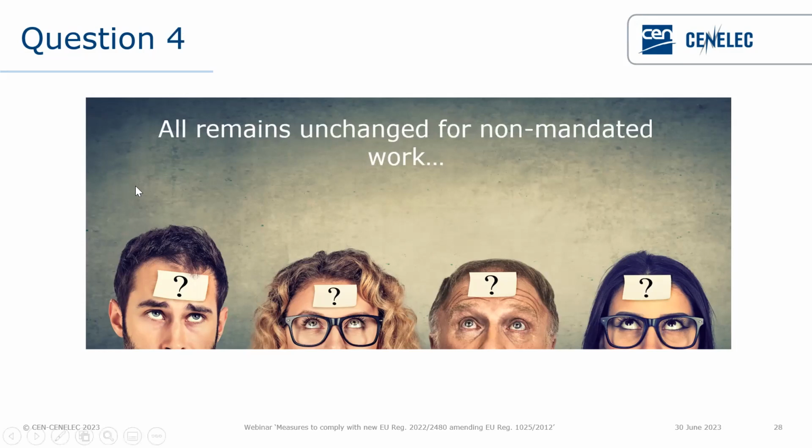So question number 4. This is, I would say, a question to double check that what I explained is clear. So for non-mandated work, all remains unchanged. Yes, same approval criteria and same template.